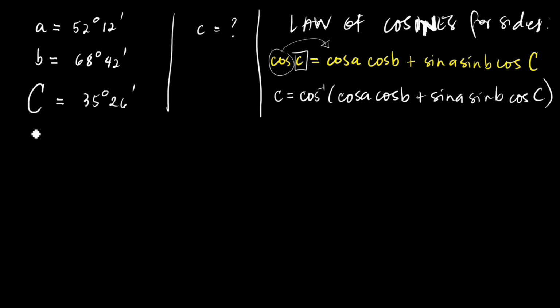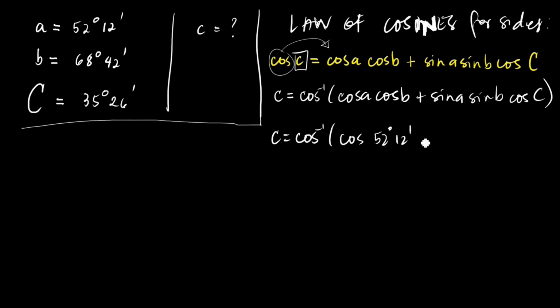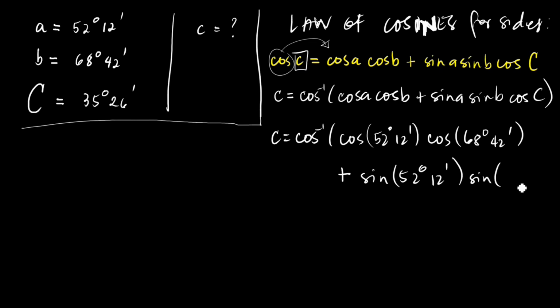So substituting, we have c equals arccosine of cosine of small a, 52 degrees and 12 minutes, times cosine of b, 68 degrees and 42 minutes, then we add it with sine of small a, 52 degrees and 12 minutes, times sine of small b, 68 degrees, 42 minutes, times the cosine of the big C that measures 35 degrees and 26 minutes. And then you just use your calculator.